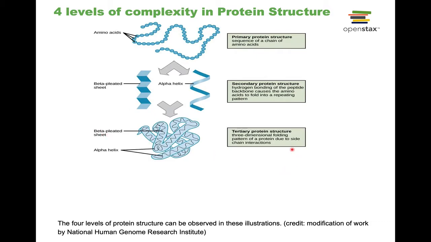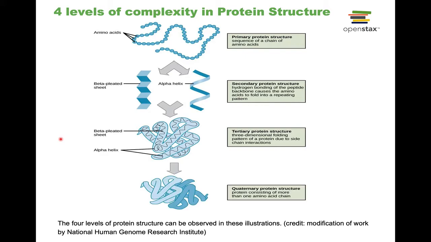Then we go to the tertiary protein structure. That's when the entire polypeptide chain folds on itself. And this usually forms what's called a globular structure, and most of the time this is the final shape of a polypeptide. Now sometimes, in order to perform a function, some polypeptides need to come together with other polypeptides to be able to deliver the function that they're supposed to do.